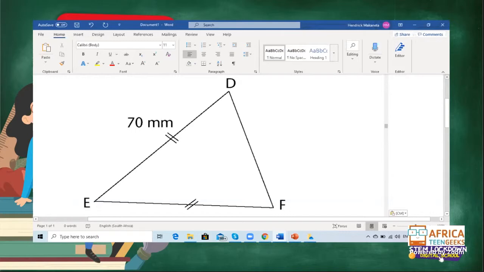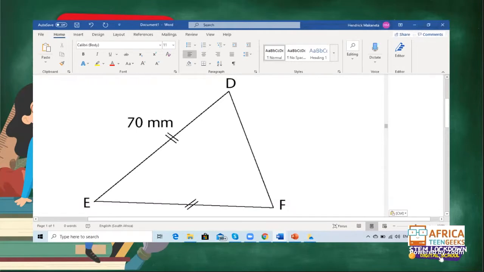That will be the perimeter. So the perimeter simply means you move from the starting point and move on the edge right up until you reach the initial point as well. So that on its own is the perimeter.